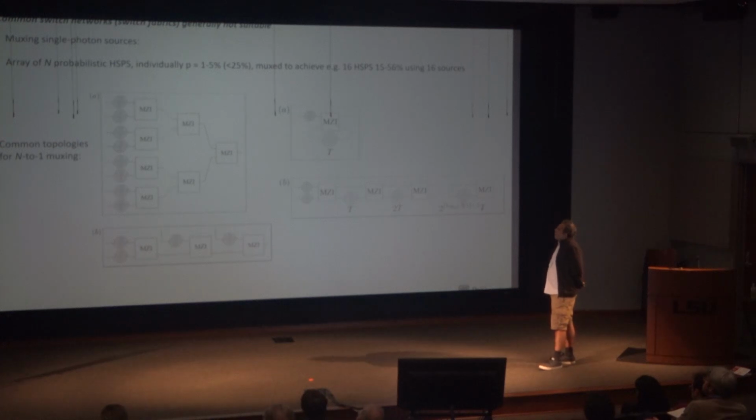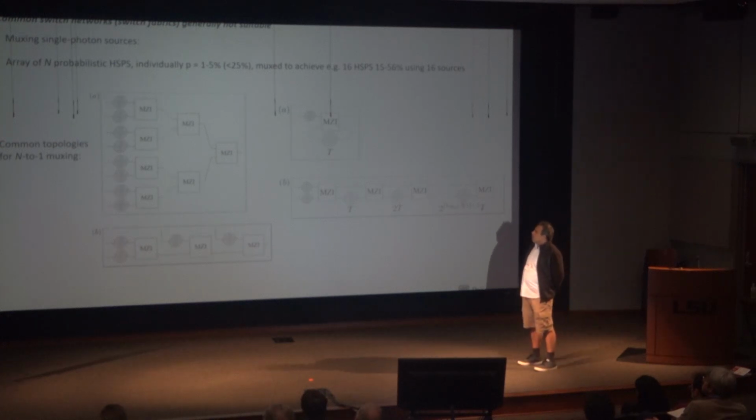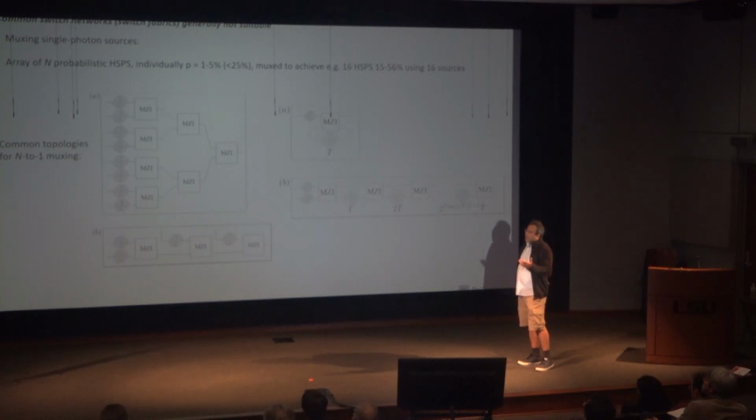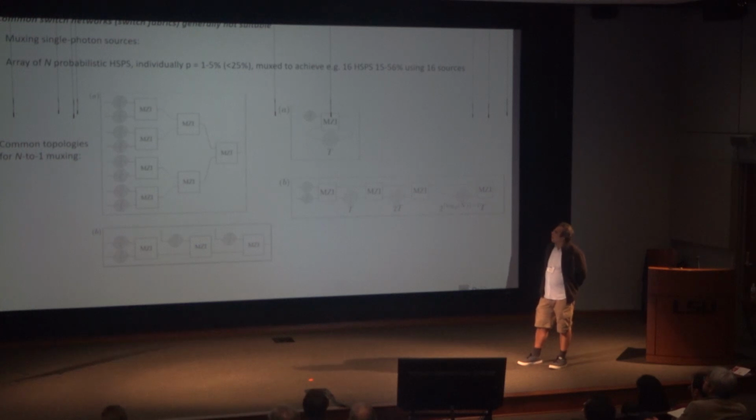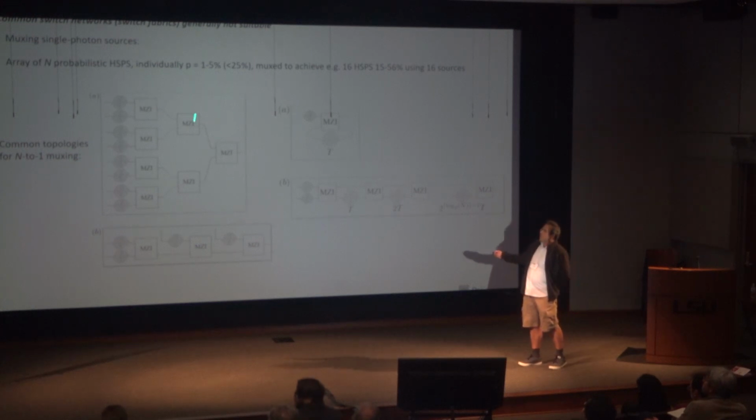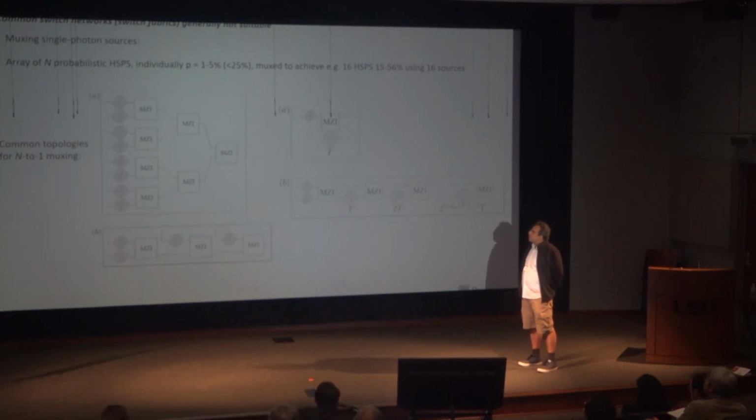So, if we take our Mach-Zehnder interferometers and we want to make a big N-to-1 mux multiplexing network, a very standard way to do this would be to pick one of these switch fabrics that you can find in the literature.